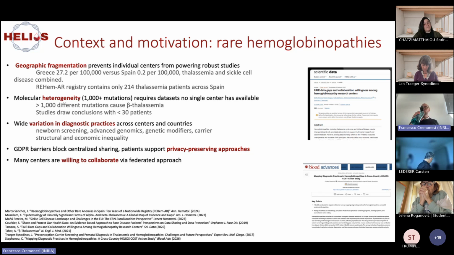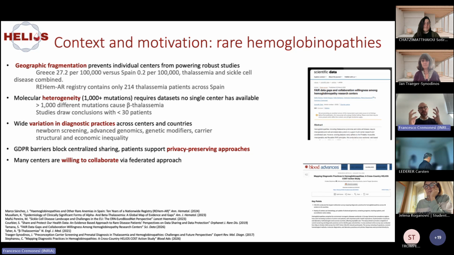And as I said before, we have barriers to data sharing, such as GDPR and other issues. Even though when you speak to the researchers and to the research centers, many would be actually happy and willing to collaborate, specifically via a federated approach, and we'll explain what this means later on.